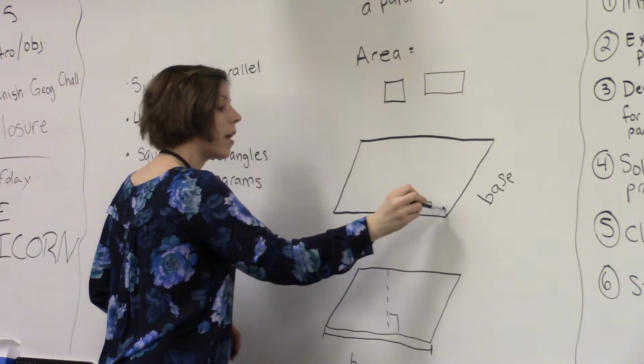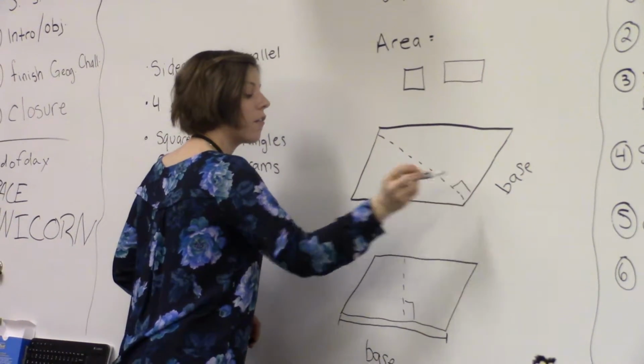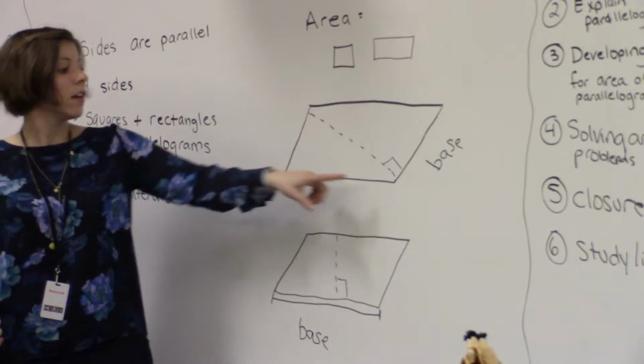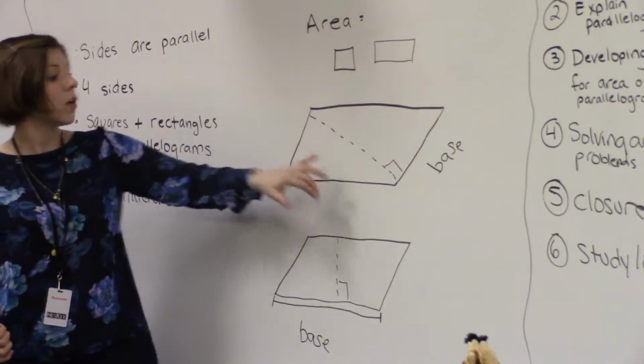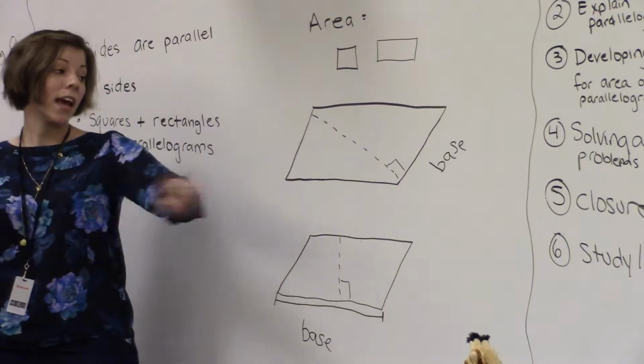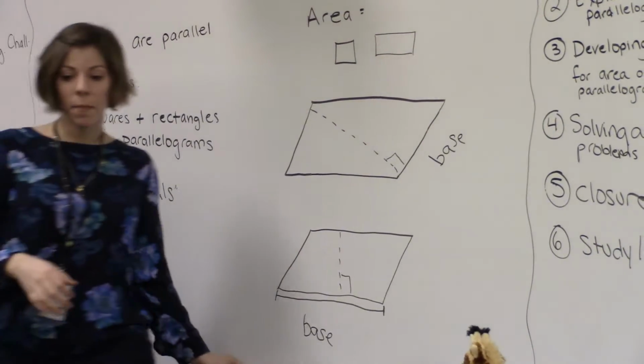It needs to make a right angle from the parallel lines. So these two lines are parallel, starting here, going to the other one, and the line must be perpendicular, must have that right angle to the base.